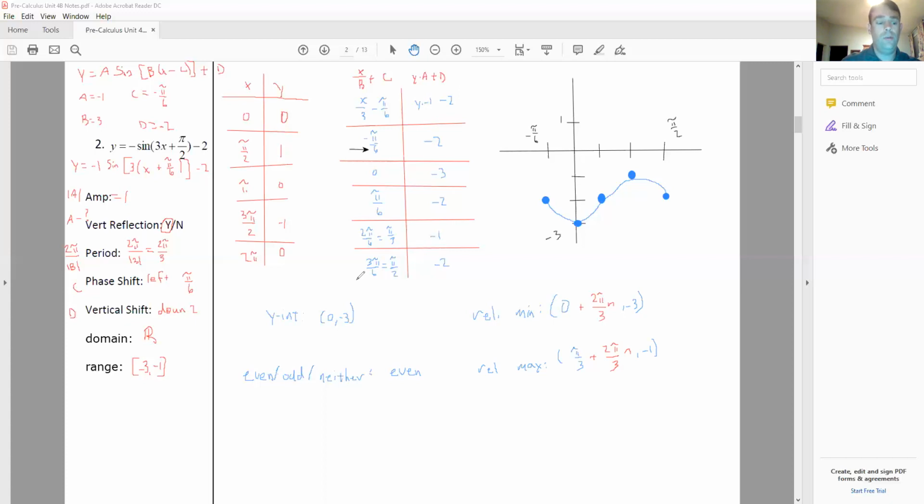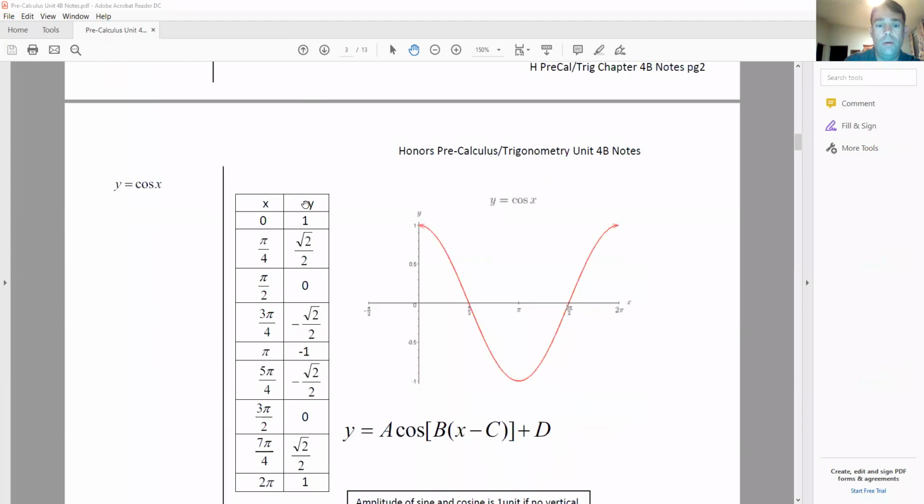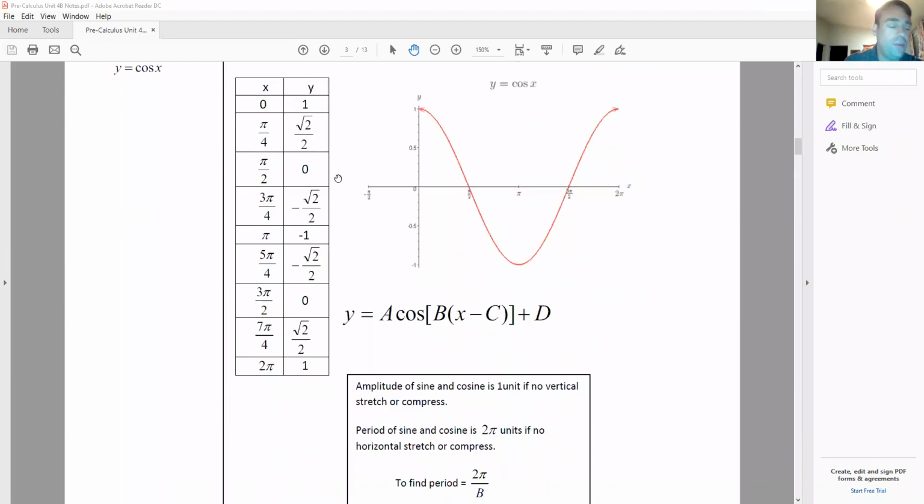All righty, friends, we are cruising through. So now, if we keep going through here, we get to cosine. Cosine is going to be the exact same. Nothing changes. All that changes is what values we start with.